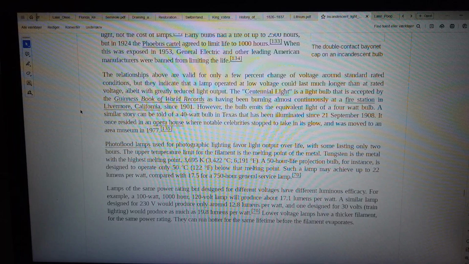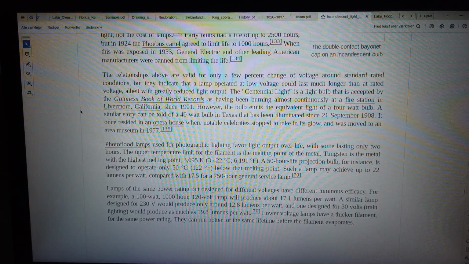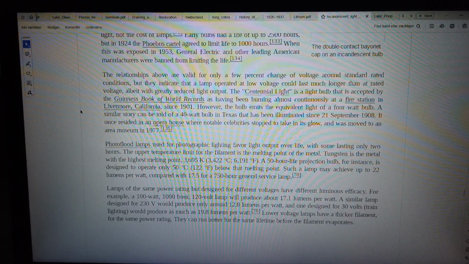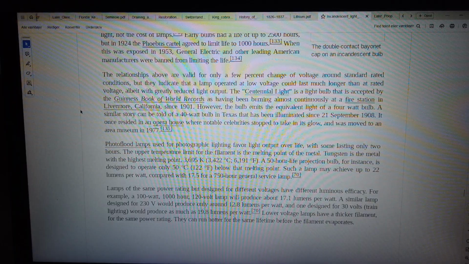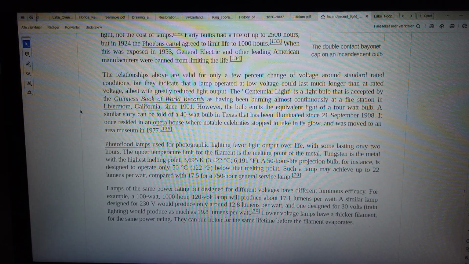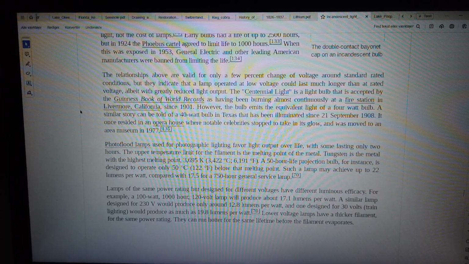A 50-hour life projection bulb, for instance, is designed to operate only 50 degrees Celsius, 122 degrees Fahrenheit, below that melting point. Such a lamp may achieve up to 22 lumens per watt, compared with 17.5 for a 750-hour general service lamp.